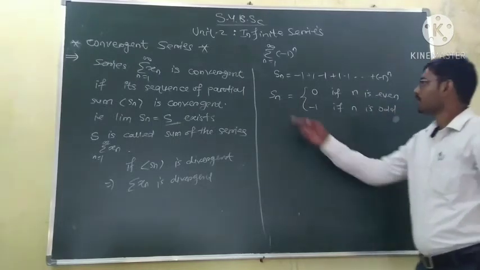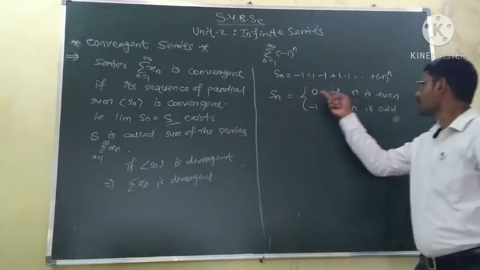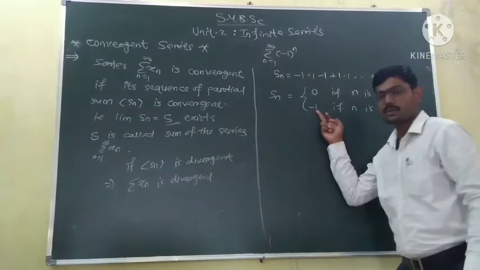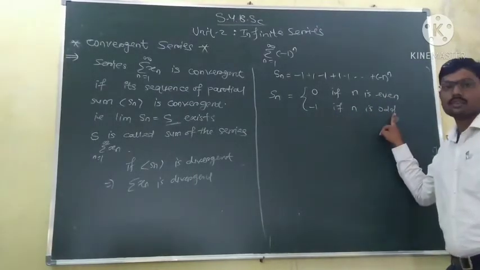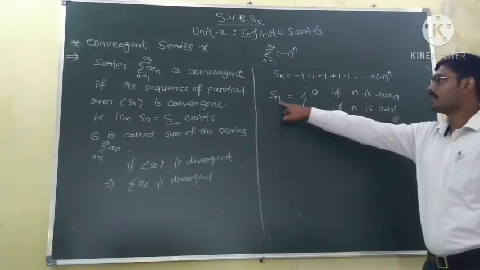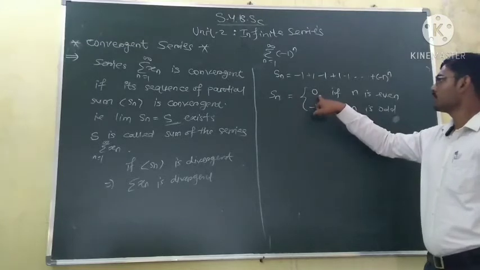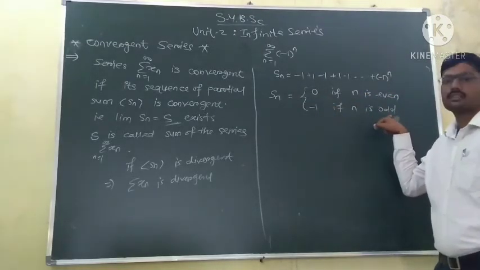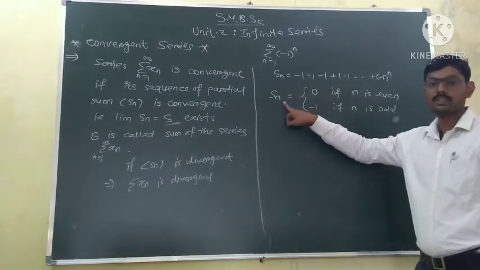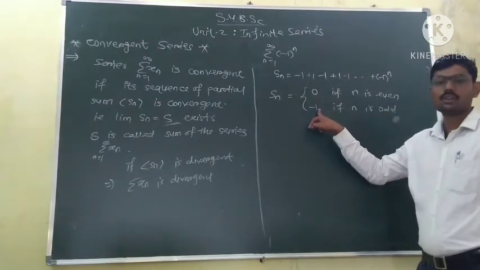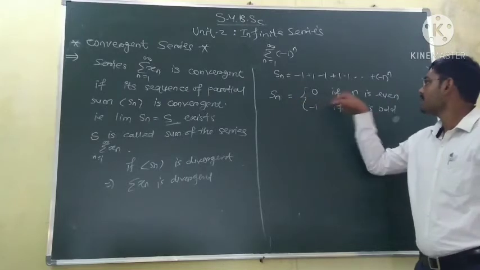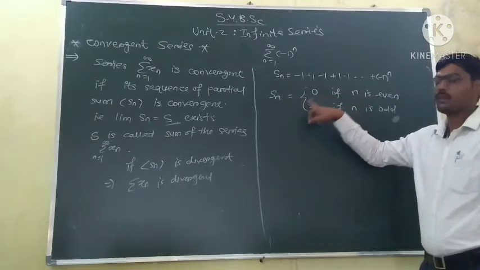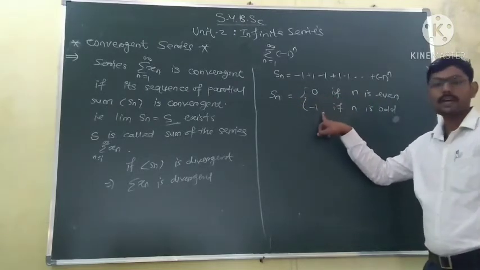So see, the sequence Sn is equal to 0 if n is even, and it is equal to minus 1 if n is odd. So our sequence Sn tends to 0 if n is even and has limit minus 1 if n is odd. Okay, because the subsequence is a constant sequence, either 0 or minus 1. So when n is even, the sequence converges to 0. When n is odd, the sequence converges to minus 1.